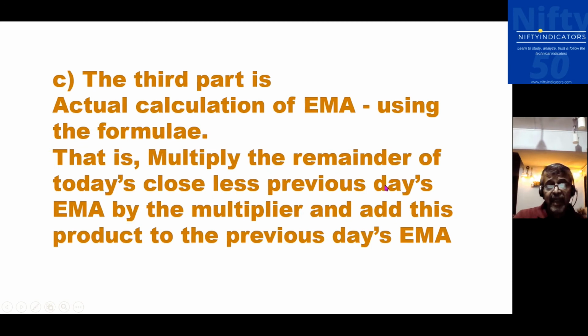Then the last part is the calculation of EMA using the formula. That is multiplying the difference between today's close and the earlier day's exponential moving average by the multiplier, and adding this product to the previous day's EMA.